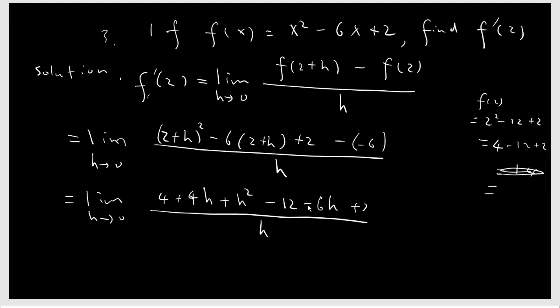And then plus 2 plus 6. I think most likely we got everything right. If you see all the numbers are cancelled, 2 plus 6 is 8, and then plus this 2 is 12, and then you have a negative 12 in here, right?